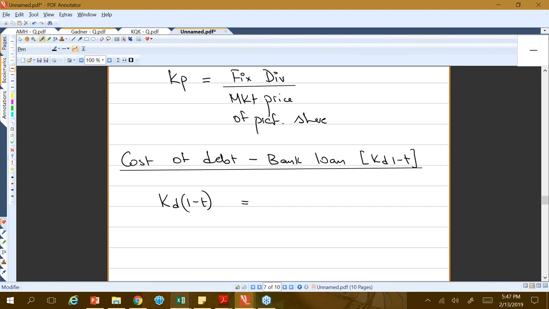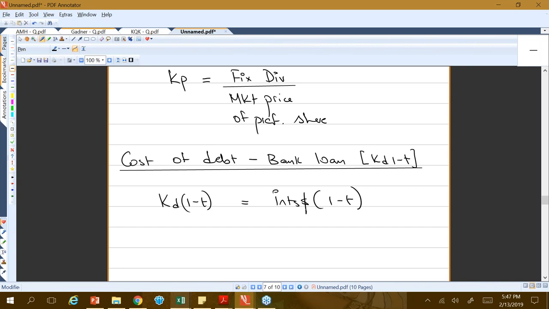Why tax? Because interest is a tax allowable expense. So the KD(1-T) of the bank loan is simply your interest times (1-T). That's it. Nothing difficult. Extremely easy. So cost of debt of the bank loan is found out by taking the interest in dollar terms and then times (1-T). And that gives you the KD(1-T).